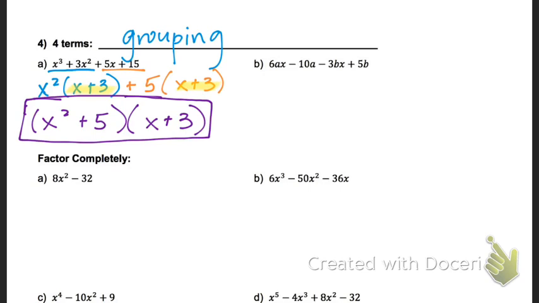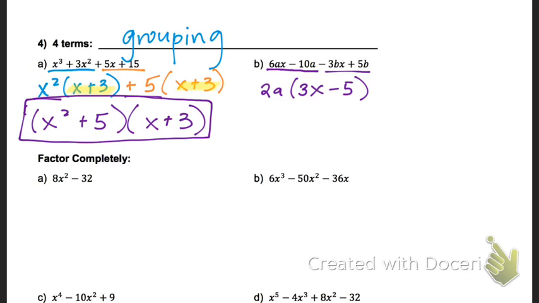Okay, so try B. Look at the first 2 terms. I can pull out 2a, and I'm left with 3x minus 5. What can I pull out of the next 2?